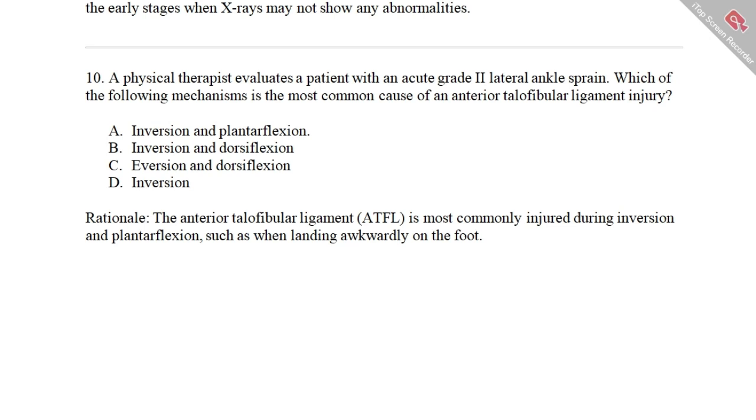And option D is inversion. Which is the best option? The best option is option A, inversion and plantar flexion. Why? The rationale is the anterior talofibular ligament is most commonly injured during inversion and plantar flexion, such as when landing awkwardly on the foot.